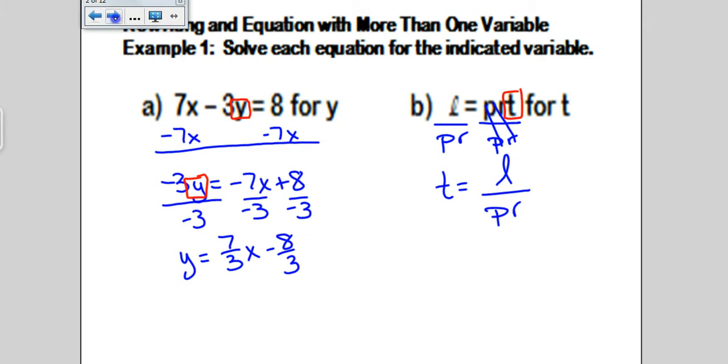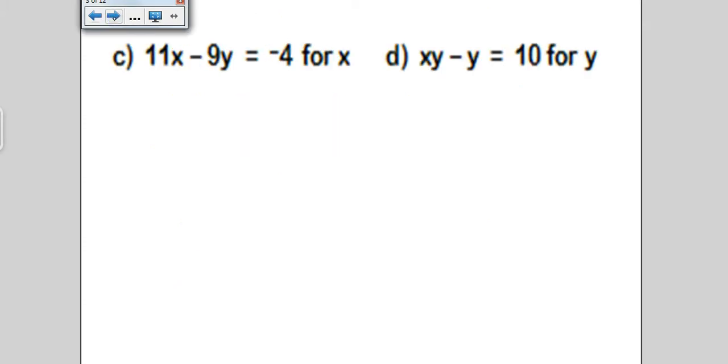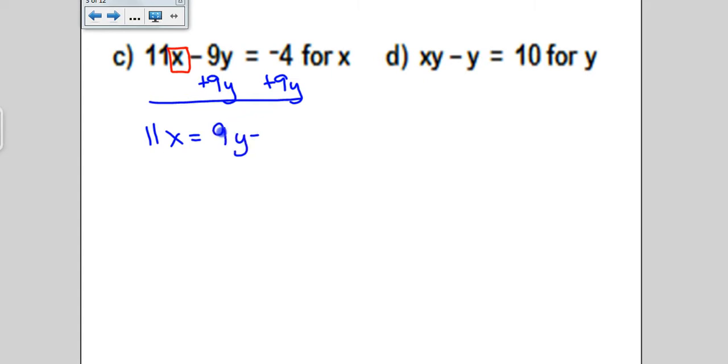Okay, moving on to our next example. They want us to solve for x. So I'm going to go ahead and put a box around the x and think about how I'm going to get that isolated. So first, I notice that this negative 9y is attached through subtraction. I'm going to go ahead and add it to the other side. And when I do that, I get 11x equals, I could say negative 4 plus 9y, but I'm going to flip that around just because I like the variable to come first. 9y minus 4.